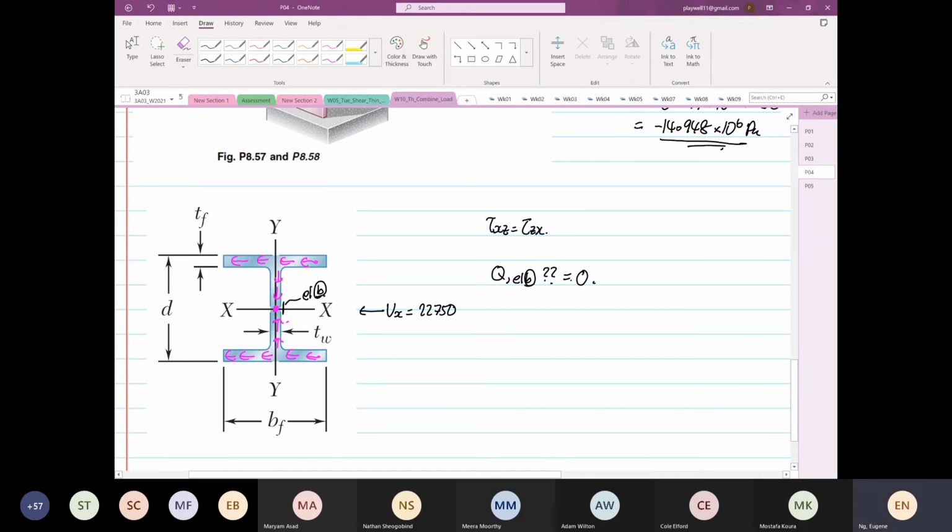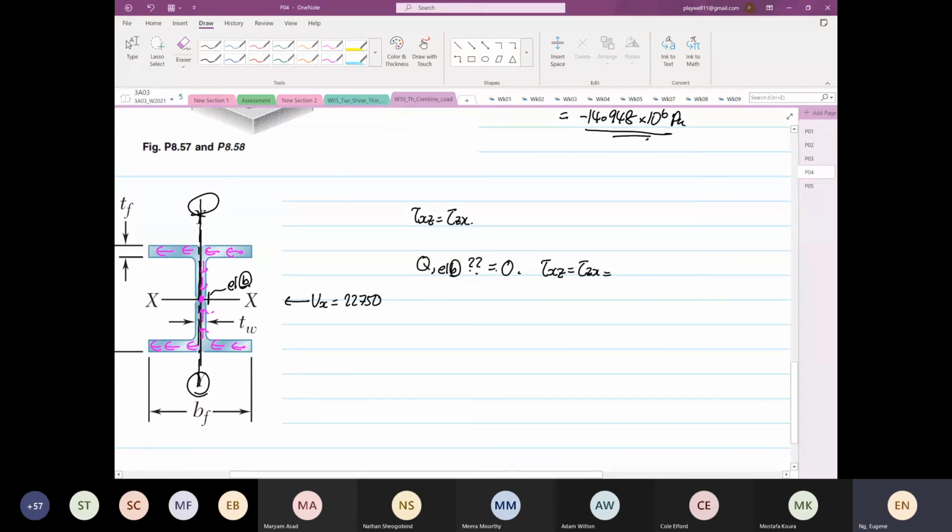0. Remember we mentioned that it cannot intersect. The flow has to be in one direction because now the centroid of concern is this centroid, the YY that we're interested in. Why interested? Because we want to look at shear XZ is equal to shear ZX.